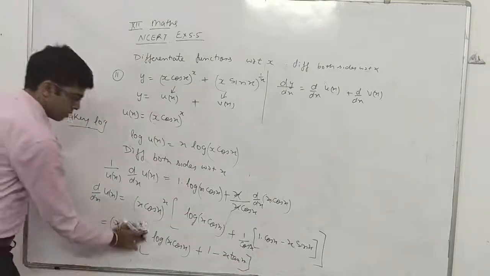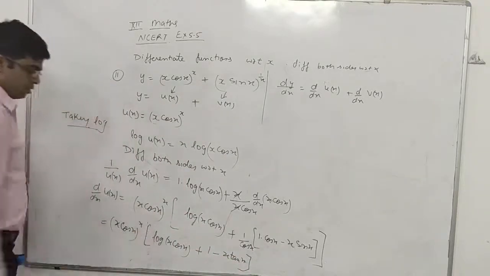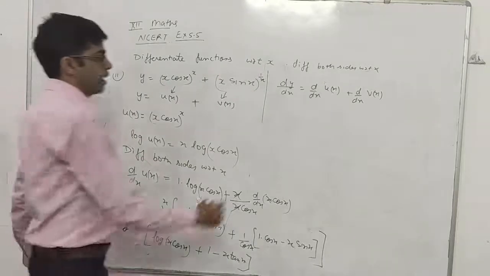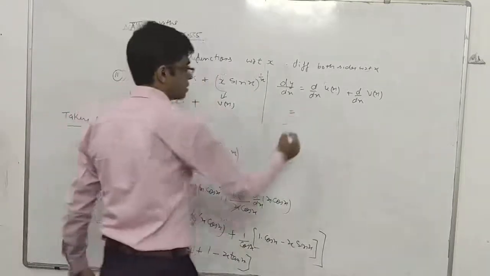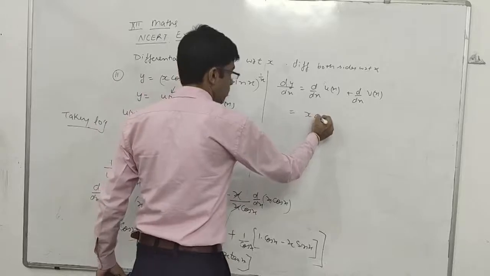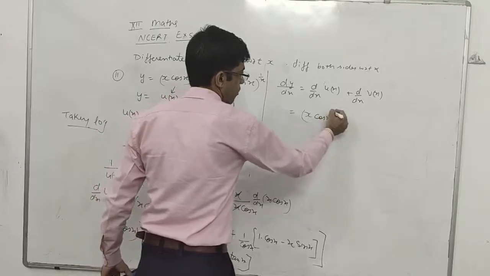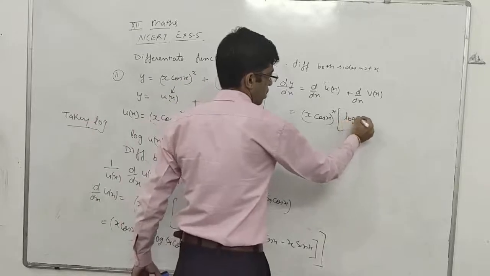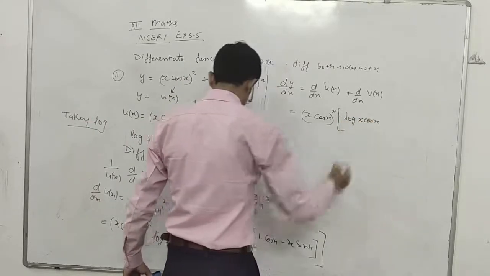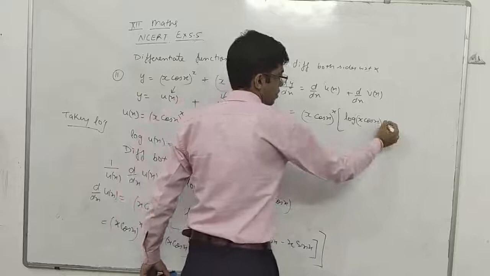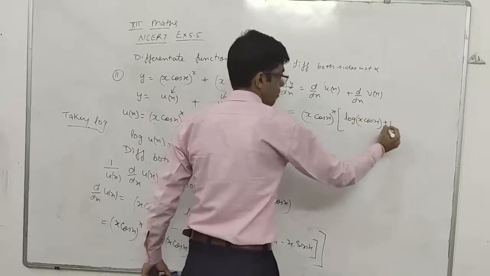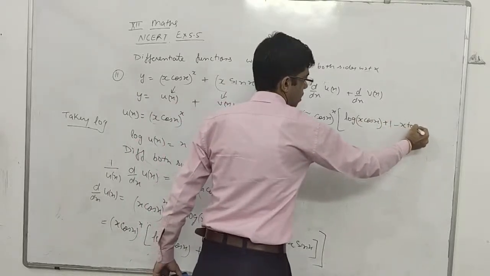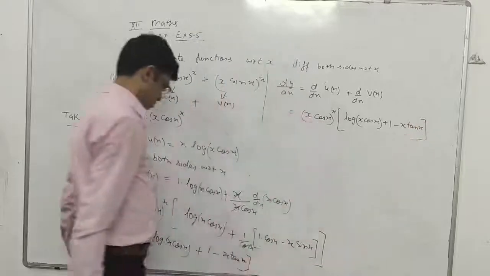This bracket is closed. So we can write here the answer: (x cos x) raised to the power x [log (x cos x) plus 1 minus x tan x].